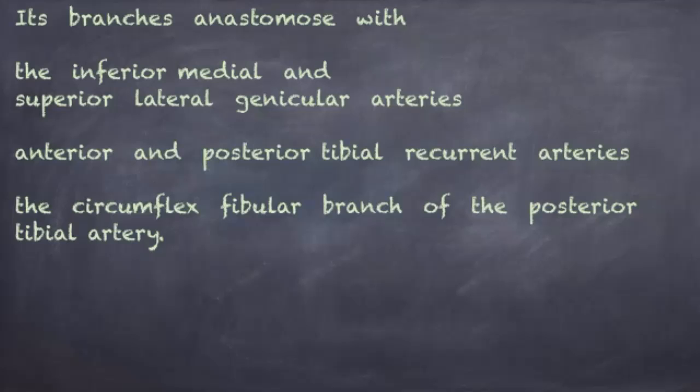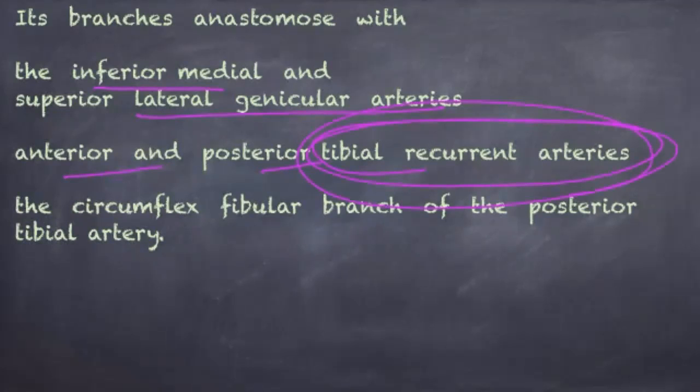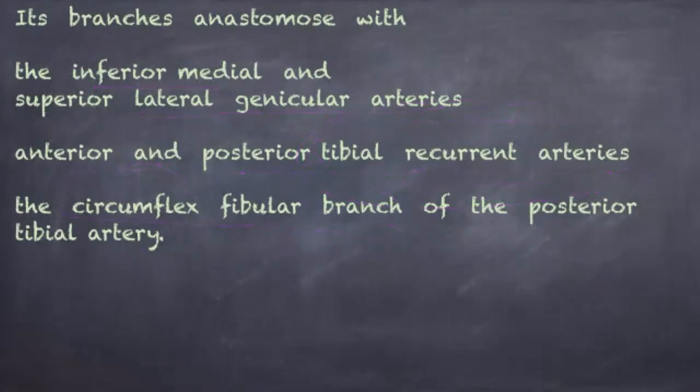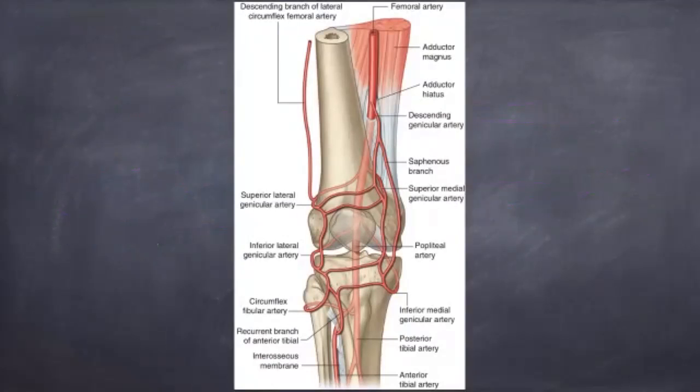Its branches anastomose with the inferior medial, superior lateral genicular arteries, anterior and posterior tibial recurrent arteries. That is the most important thing. And the circumflex fibular branch of the posterior tibial artery. Okay. You see, this is the circumflex fibular artery arising from the posterior tibial artery, right?